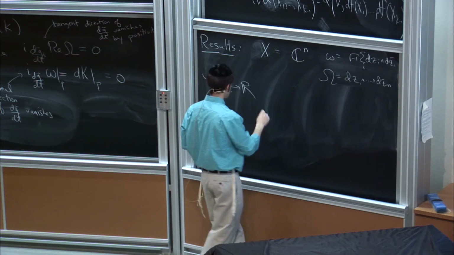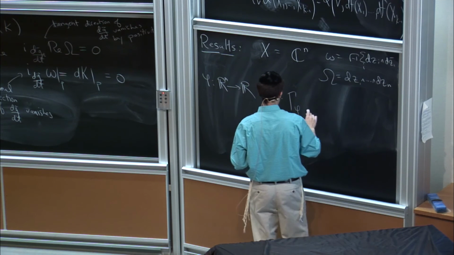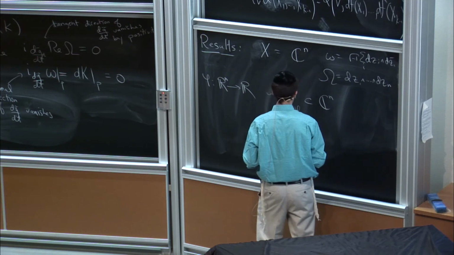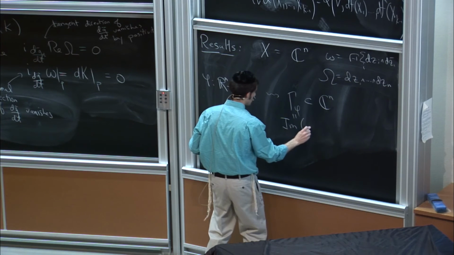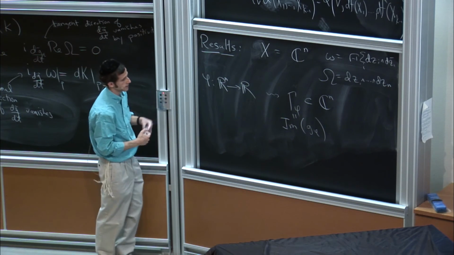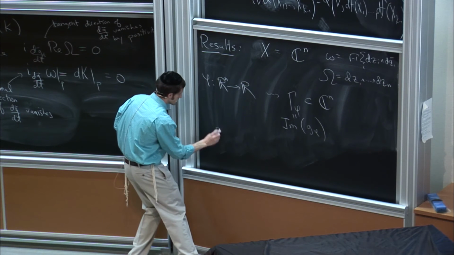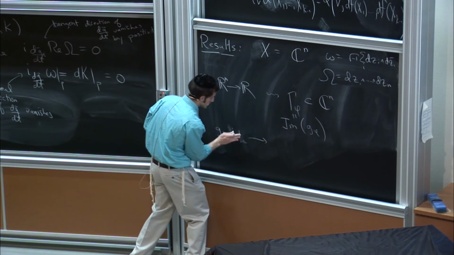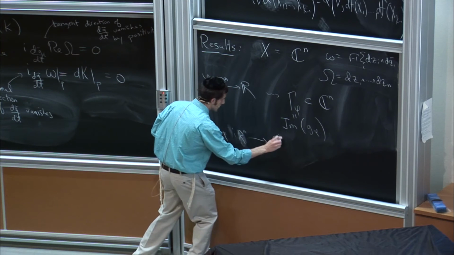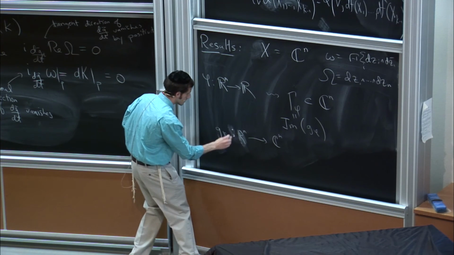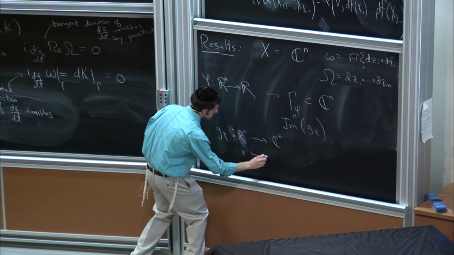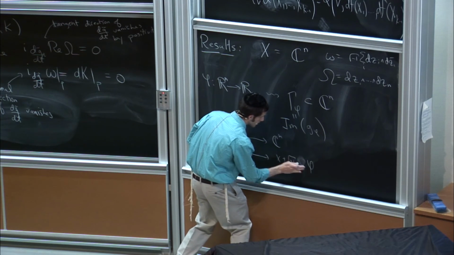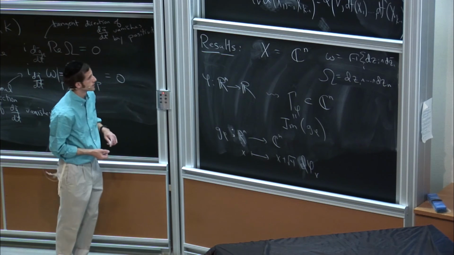We can look at this graph in Cn, which is going to be defined to be the image of some map G phi, where G phi maps Rn to Cn by x goes to x plus i d phi x. So just take the graph.